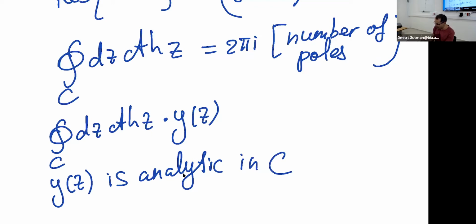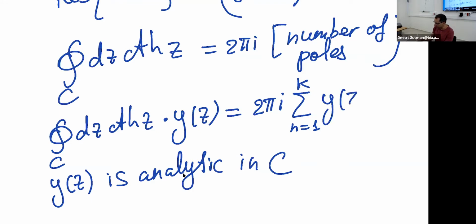What would the integral be now? Okay, let me write the answer and you will tell me if you agree or not. It will be 2 pi times the sum over n, over all the poles, if you label them, of y at the point zn.